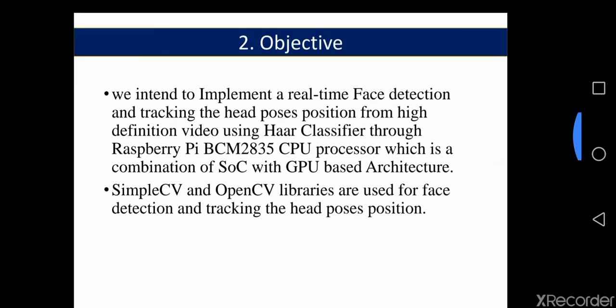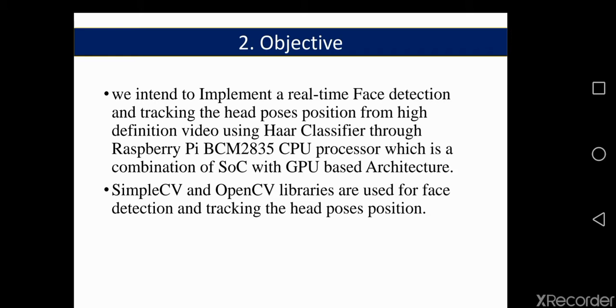Objective: we intend to implement real-time face detection and tracking of head pose position from high-definition video, by using the HAAR classifier algorithm. Here we use the Raspberry Pi BCM 2835 CPU processor, which is a combination of SoC with GPU based architecture. Here we are using two libraries, SimpleCV and OpenCV, which are used for face detection and tracking the head pose position.